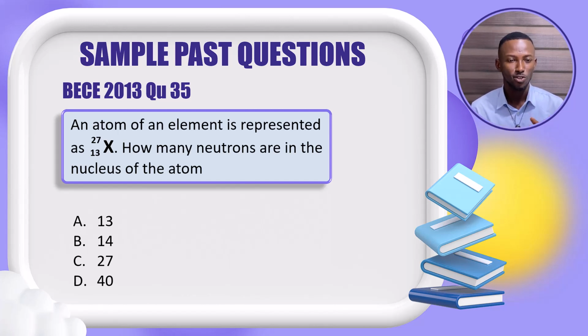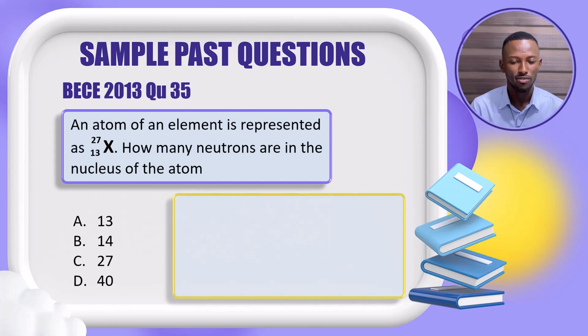So the number of protons is 13. The number at the top is the mass number, which is 27. How do we find the number of neutrons? We subtract the atomic number from the mass number.